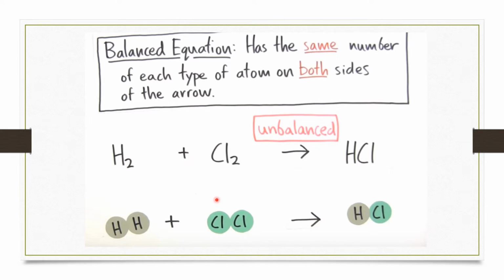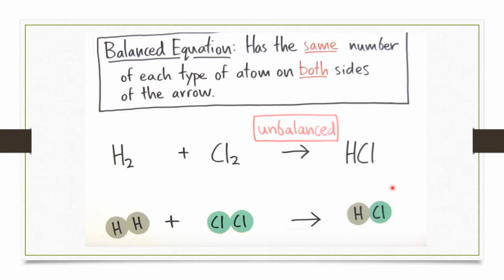In order to balance the equation, we must add one hydrogen atom and one chlorine atom on the product side. One very important thing you need to remember while balancing equations is that you always add atoms.